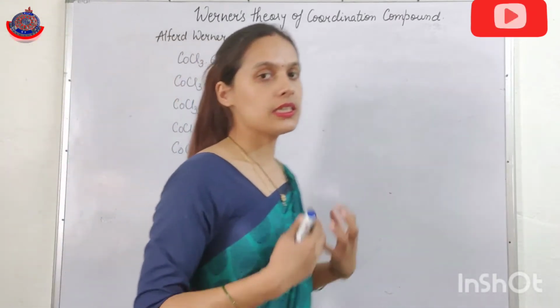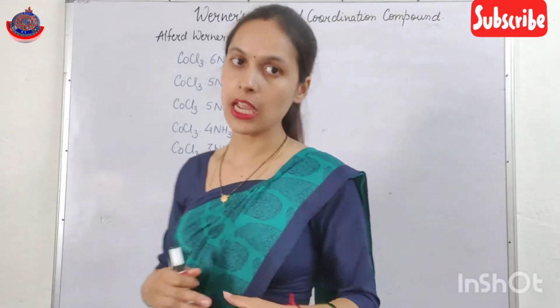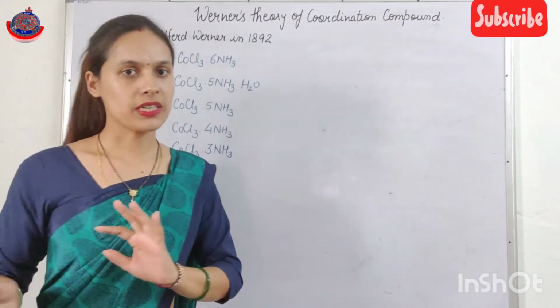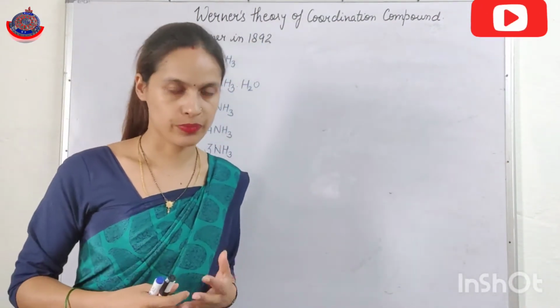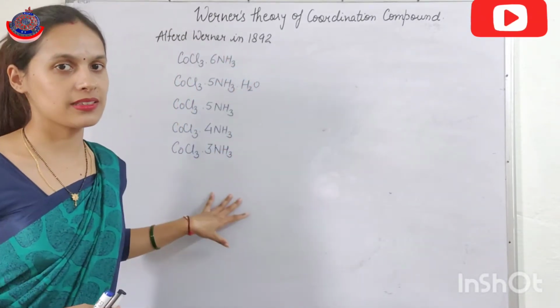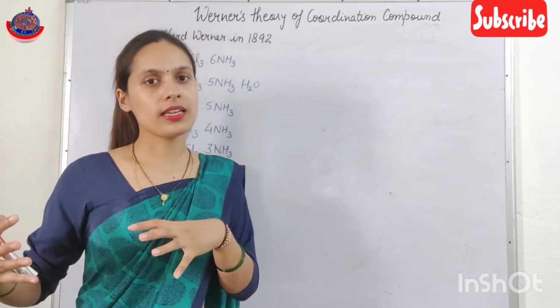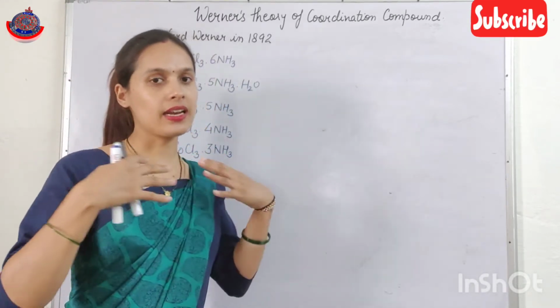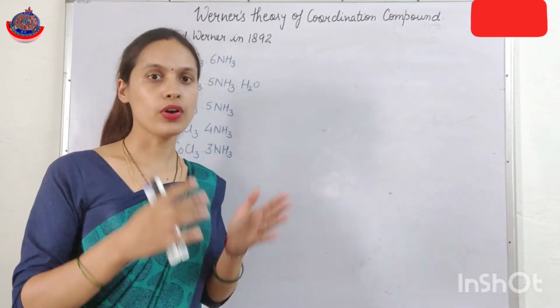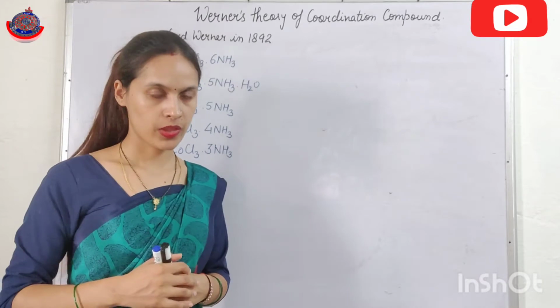Further, when Werner reacted these complexes with the excess of AgNO3, chloride ions are precipitated in the form of AgCl. उसके बाद जब वॉर्नर ने इन कॉम्प्लेक्सेस की रिएक्शन एक्सेस ऑफ AgNO3 के साथ कराई तो उन्होंने क्या देखा? That chloride ions are precipitated in the form of AgCl.